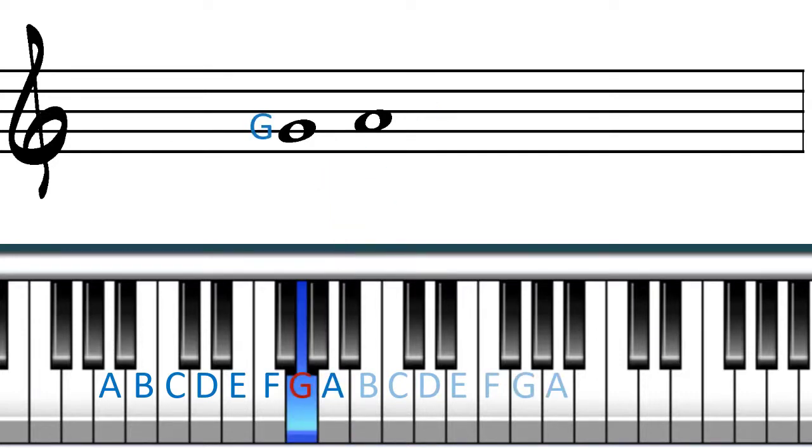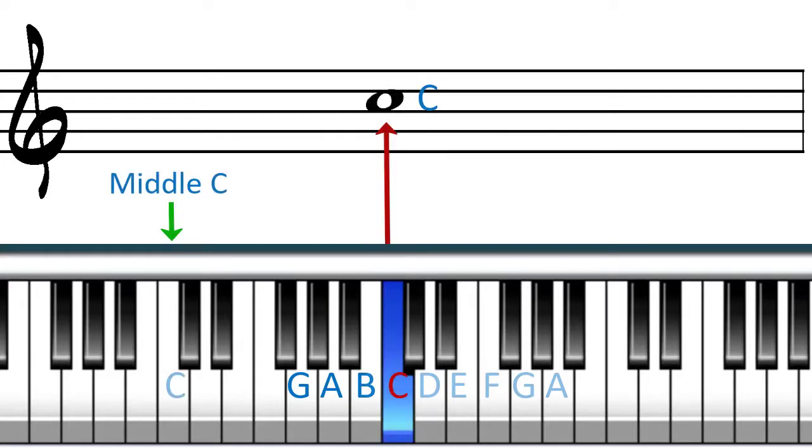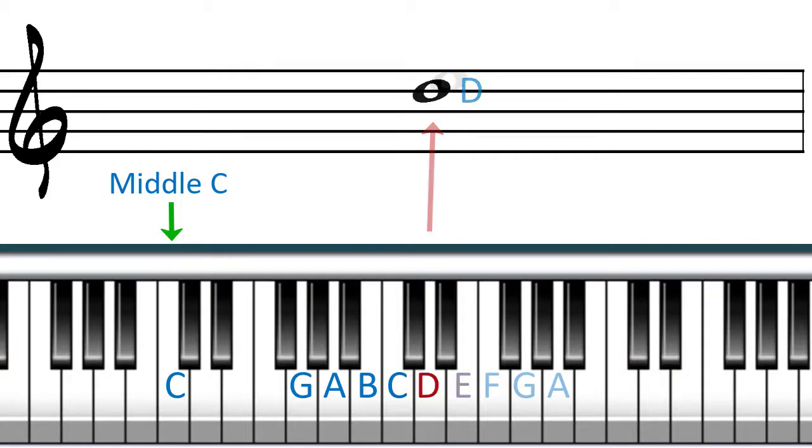So there's G. All right, so the next note, if we moved up on the staff from that G on the second line, which the treble clef marks out for us, the next space up from G is an A. And then on the third line comes B. On the third space comes C. On the fourth line is D. On the fourth space is E. On the fifth line is F.